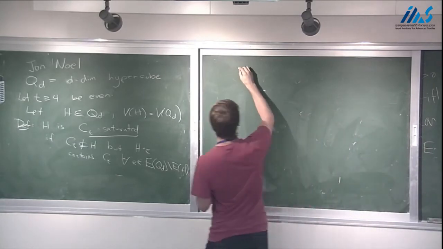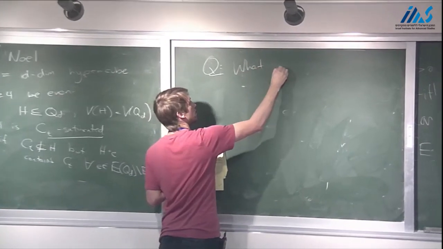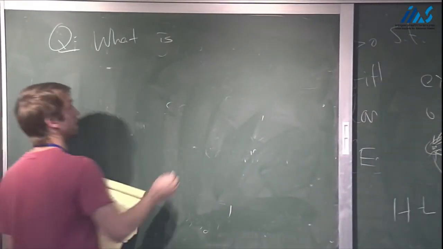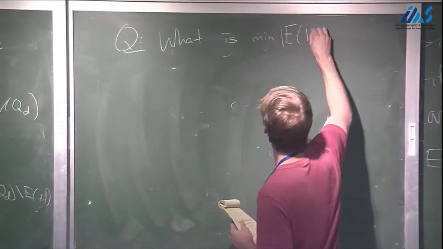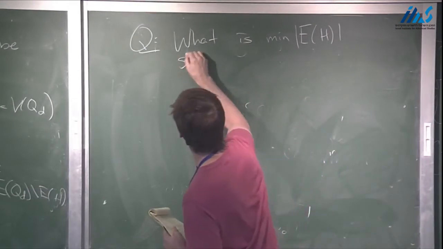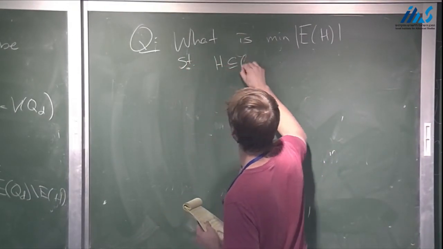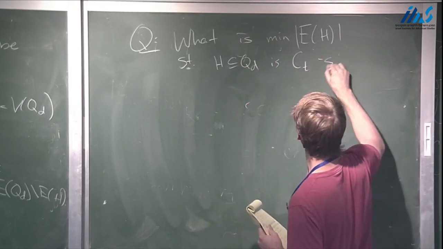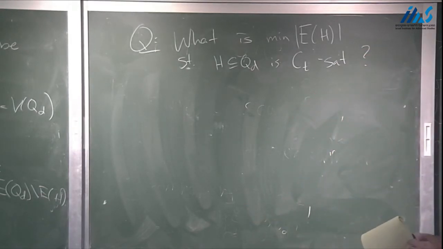So the question: what is the minimum number of edges such that you have a saturated graph? So that's the question.